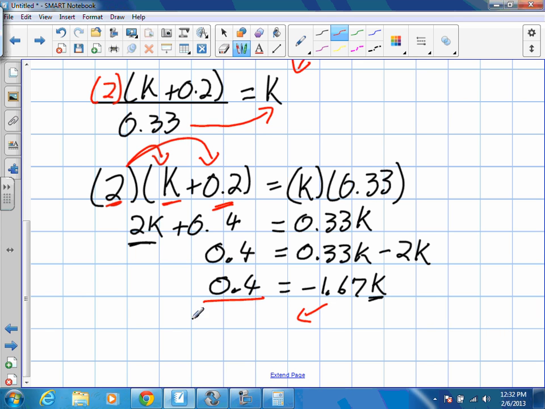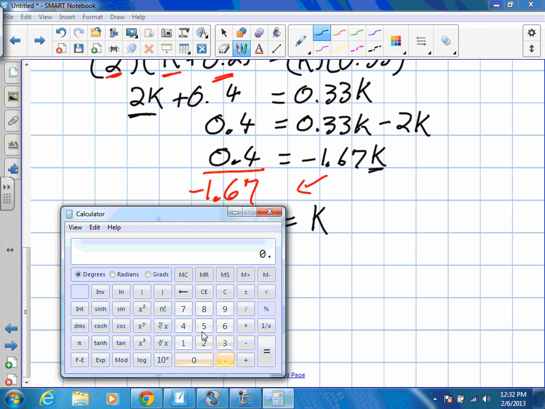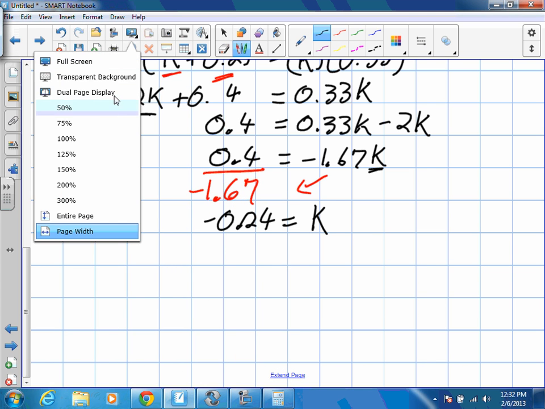So a lot of movement in this question, just to isolate that k. 0.4 divided by negative 1.67, to 2 decimal places, is going to be negative 0.24. Negative 0.24 is our final answer. So a whole lot of movement in that question, if you guys notice. A lot more than we had done in any previous question.